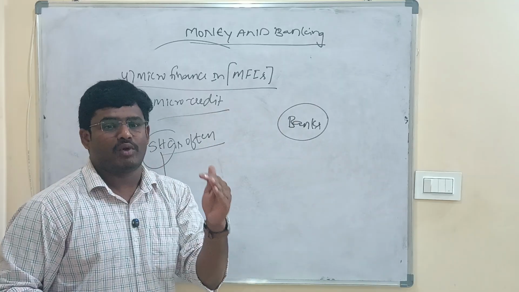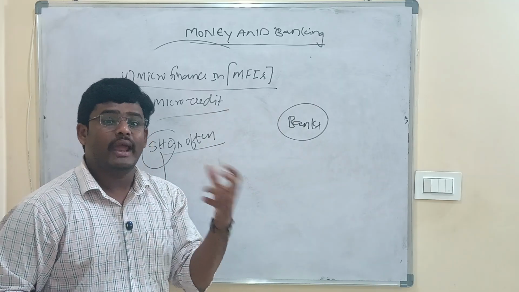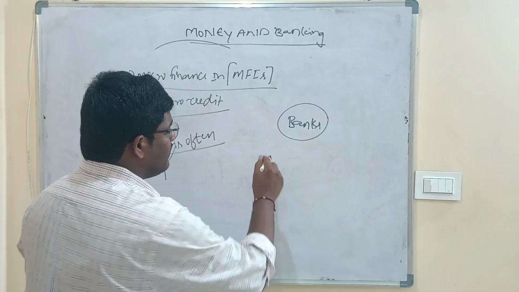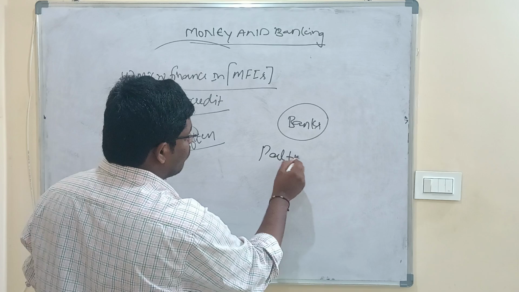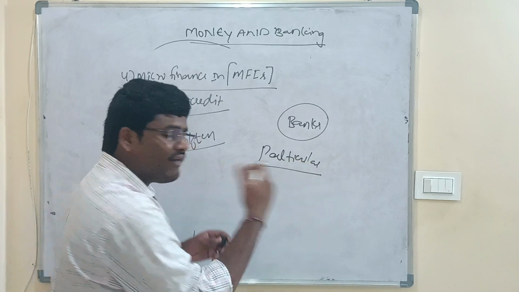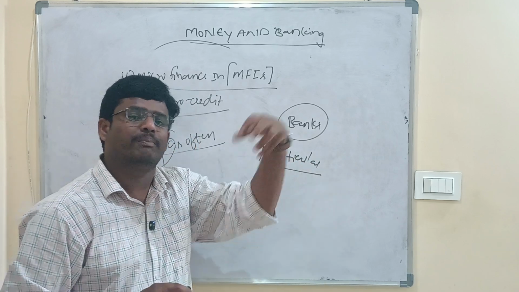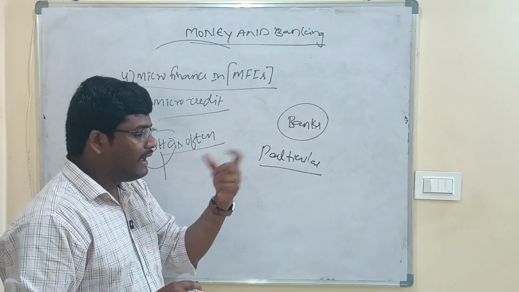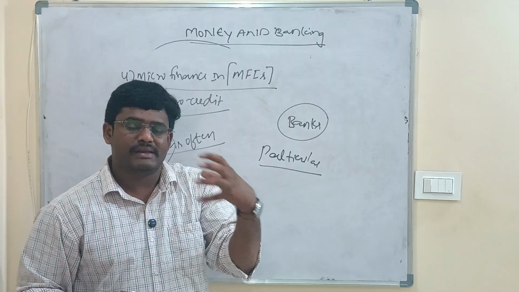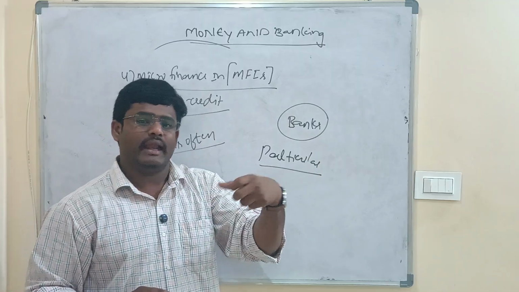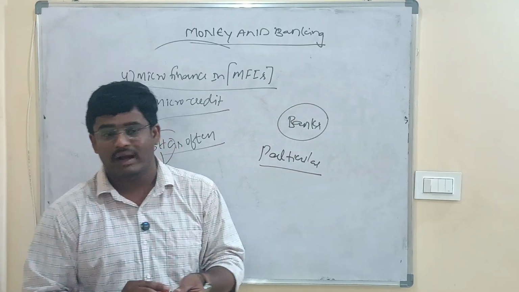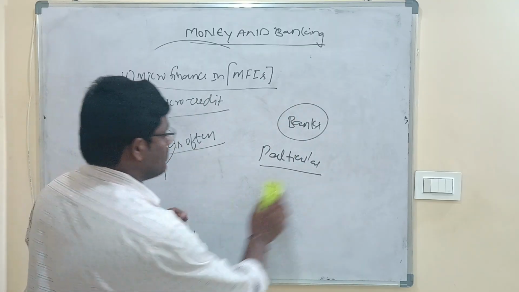But NBFCs specialize in giving a particular type of loan. Asset finance companies provide loans to purchase assets. That is where banks and NBFCs differ, in the specialization of giving loans.